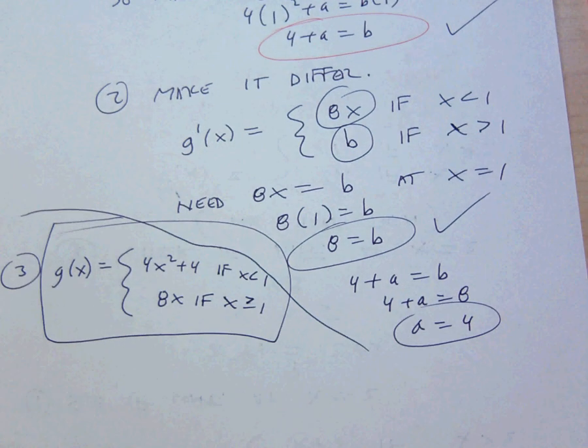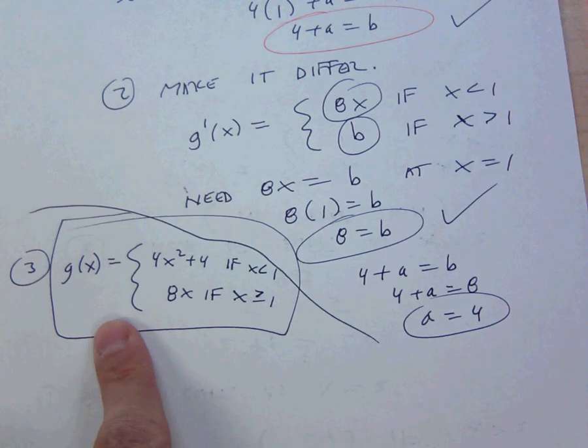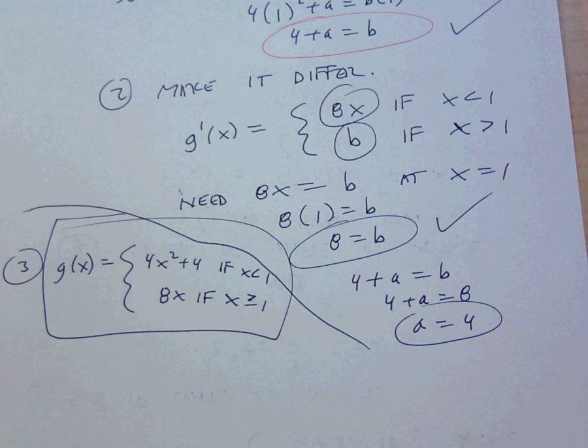Okay, so after finding your A and B, I hope you understand that by putting them into my original function, this function will now be everywhere continuous and differentiable, right? Got it?